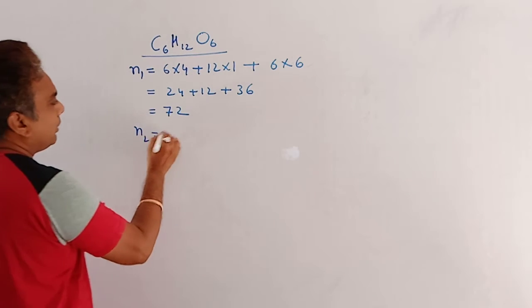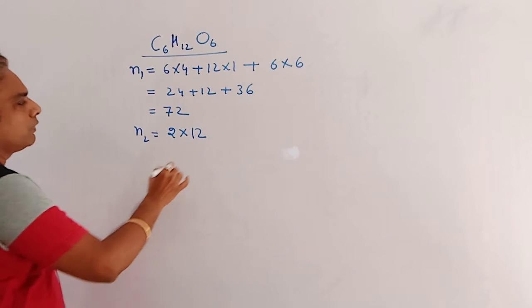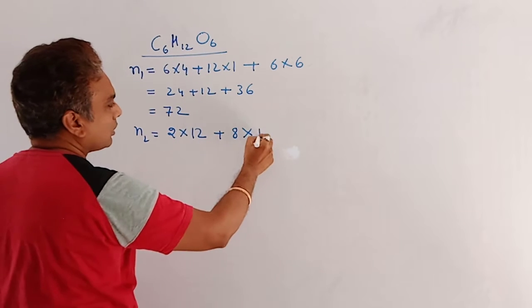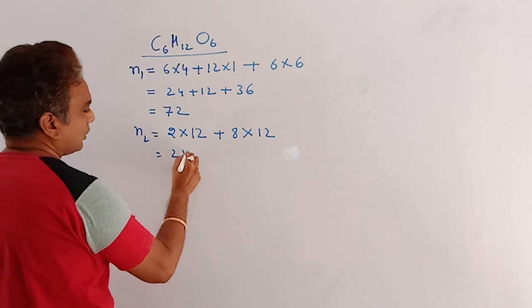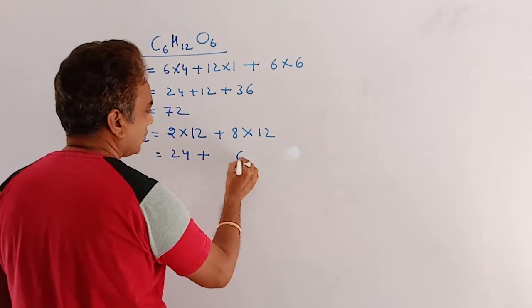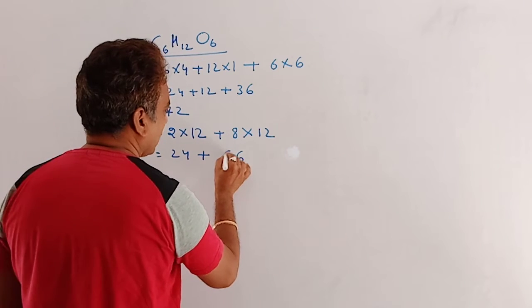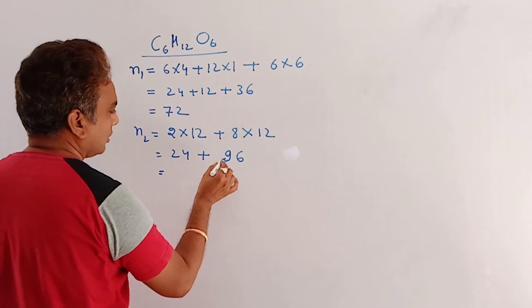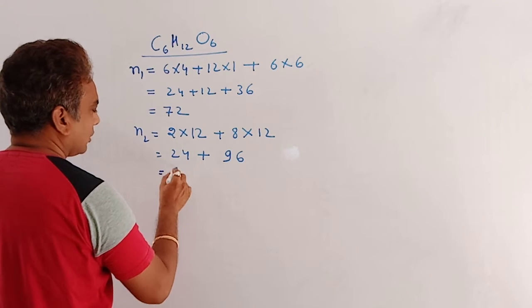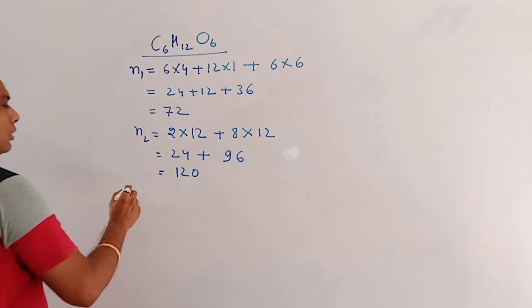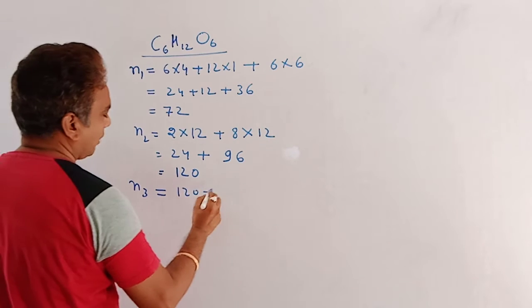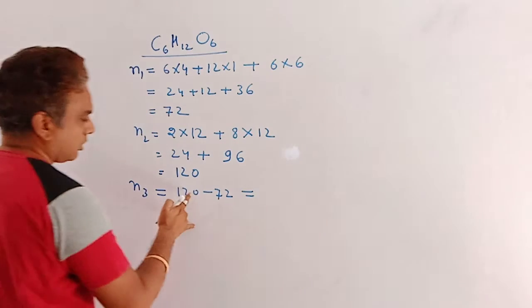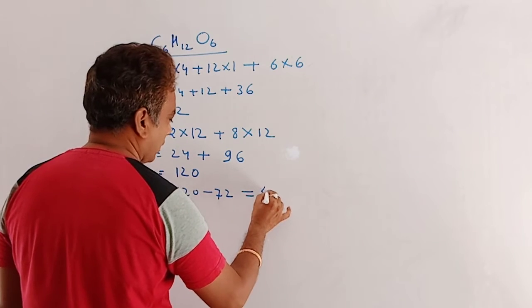The value of N2 will be 2 into number of H atoms, which is 12, plus 8 into other atoms, 6 carbon, 6 oxygen, so it is also 12. So 24 plus 96, so 120. So the value of N3 will be 120 minus 72, which is 48.